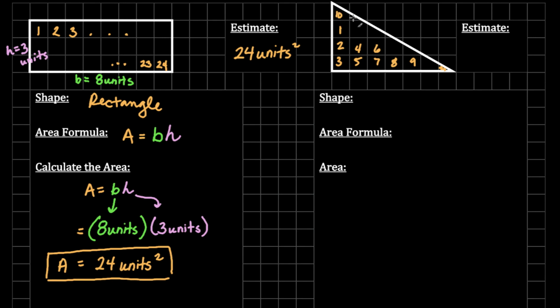This one and this one give me 11. This one and this one give me 12. And then maybe 13-ish. 13 square units, or units squared. So 13 squares.